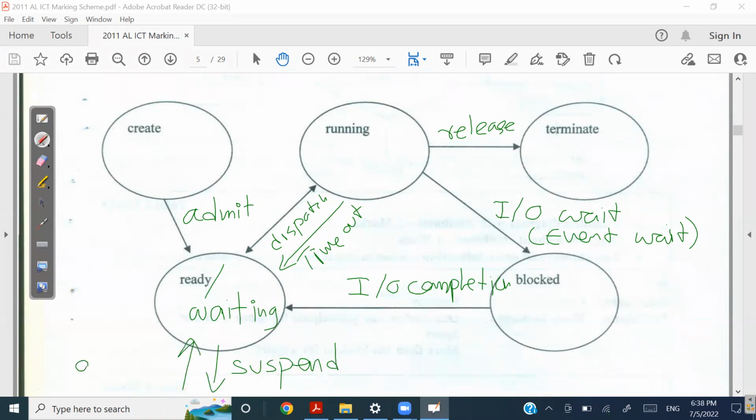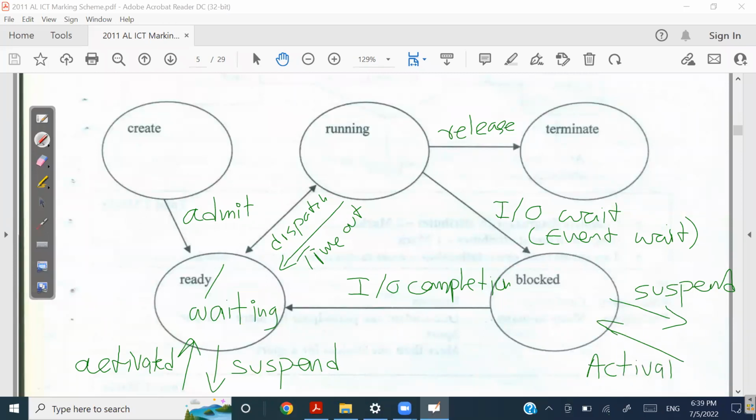Once you activate it, you come back to the waiting state again. The same happens here: from blocked to swapped out and blocked happens due to suspend, and from there you can come back to the blocked state due to activation. And from creation you can admit straight to the swapped out and waiting state.